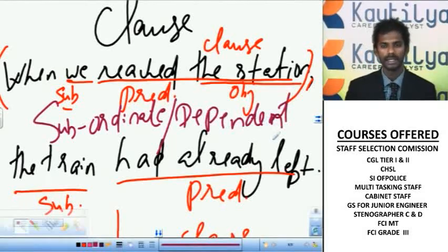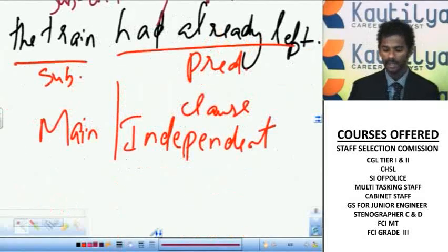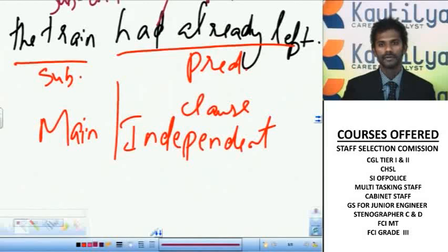Now I told you a clause may make a complete sense or an incomplete sense, but a sentence always makes a complete sense. Clear? Fine. Come to the second one now. The train had already left. If I say the train had already left, is the meaning complete or incomplete? It makes a complete sense.